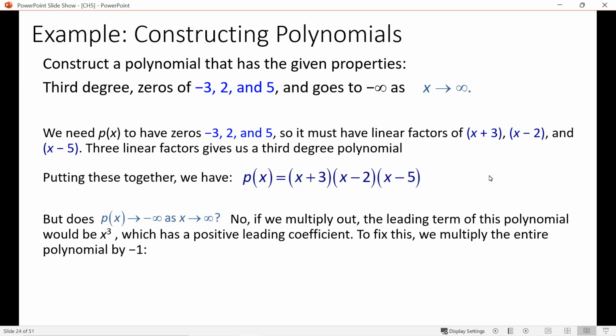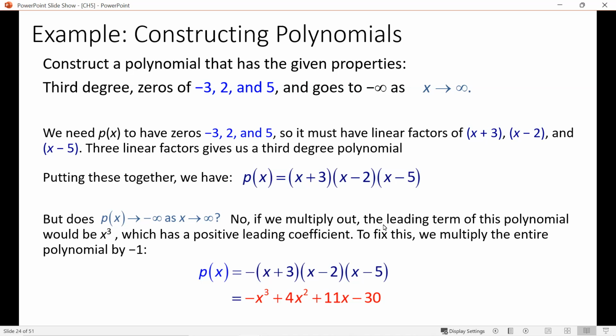But we want our polynomial to go to -infinity as x goes to +infinity. And if we multiply all these guys out, we're going to have a positive leading coefficient, and we really need it to be negative. So we're just going to multiply by a -1 to kind of flip that end behavior. And we get this polynomial -x to the 3rd plus 4x squared plus 11x minus 30.